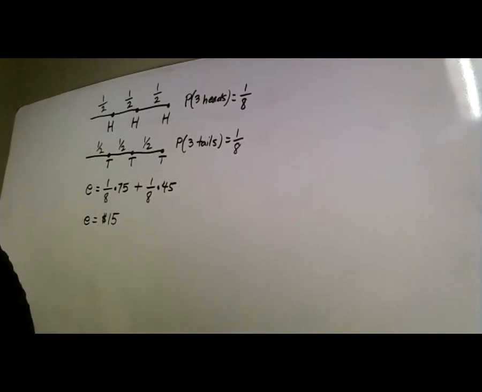So if you consistently play this game of tossing 3 coins, the expected value would be $15.